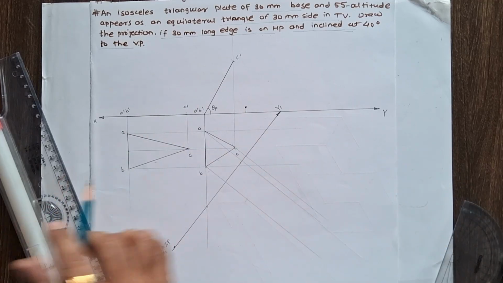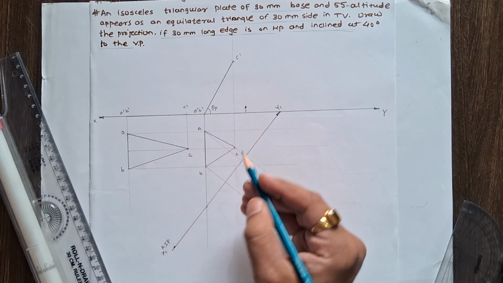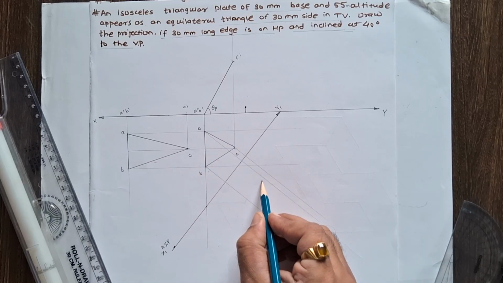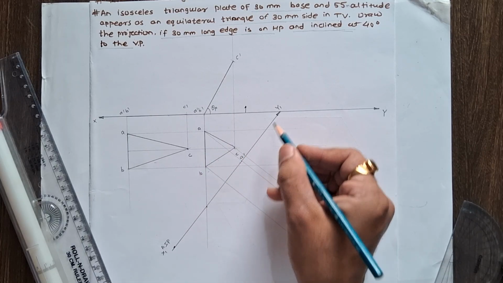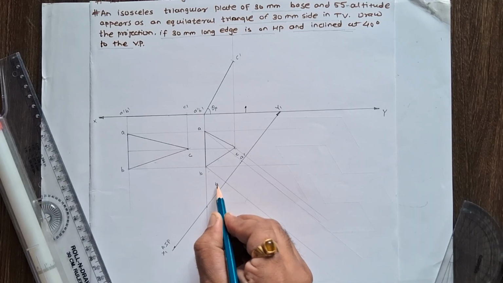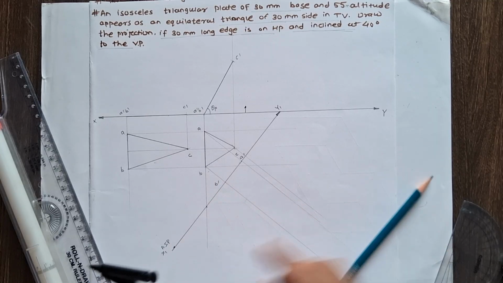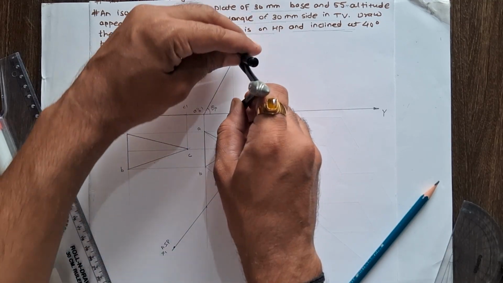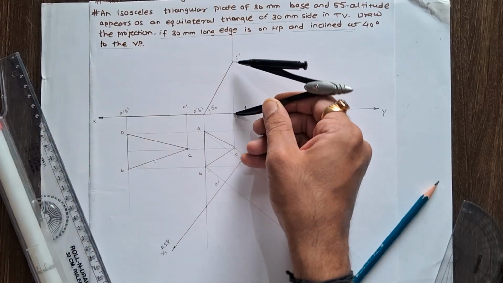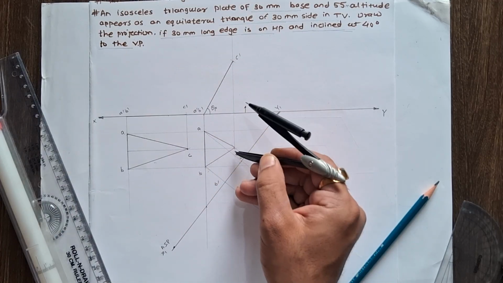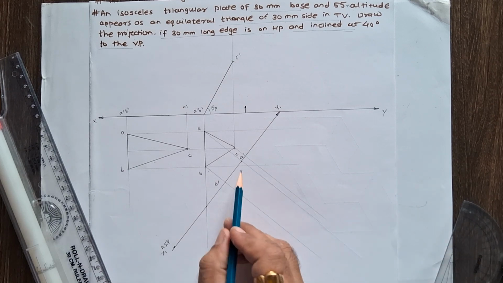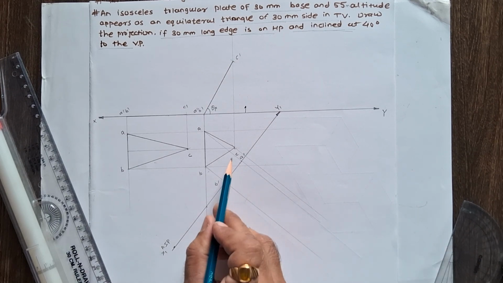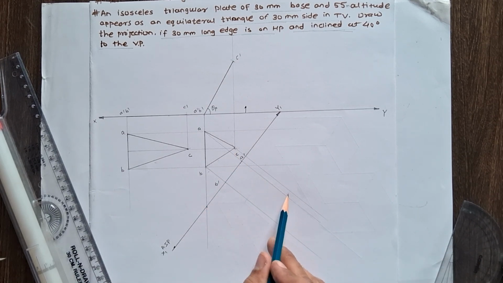Now for the final view, measure the dimensions above this xy plane. Now here you can see a dash b dash is on xy. So for the final view, we mark the a dash point on x1 y1 and the b dash point on x1 y1. Now for the C point, measure this distance from xy and along the projection of C, mark this distance on the projection of C. Now this is the projection of C line.